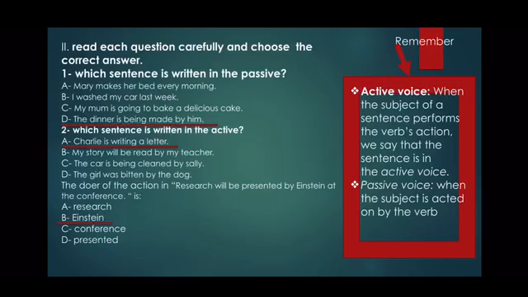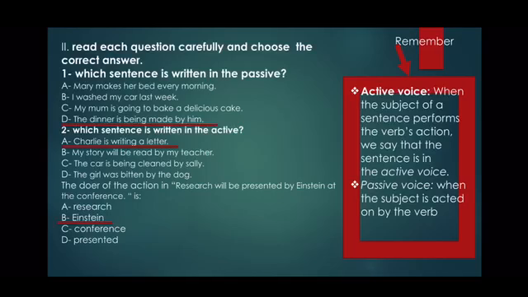But passive is when the subject is acted on by the verb. So the subject is acted on by the verb, and you would have the doer of the action in the place of the object. It is all written in your books. We underline it, we highlight it. So memorize it and please study it well.